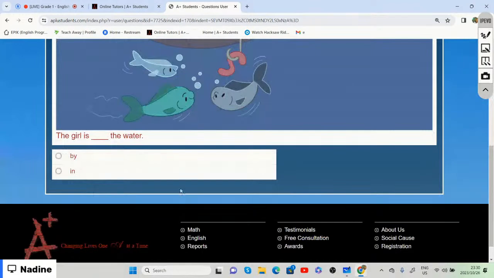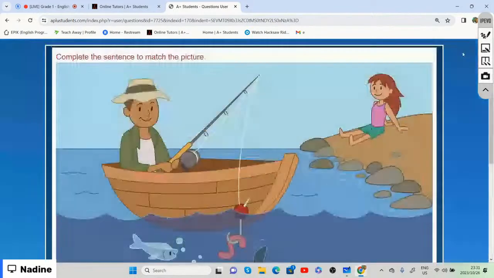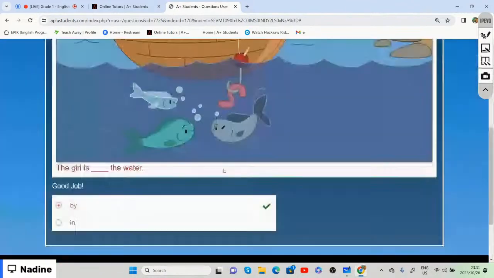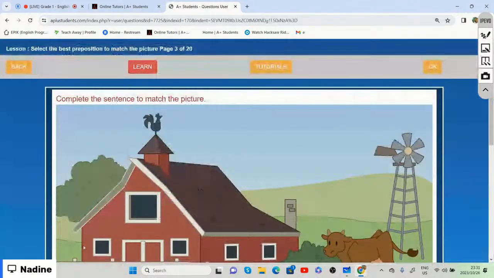She's actually by the water. There's no next to, it is either only by or in the water. So we can then say the girl is sitting by the water. And by is correct. So well done.